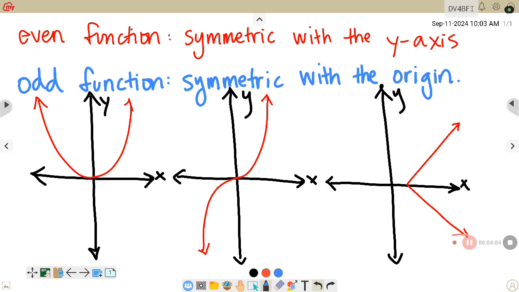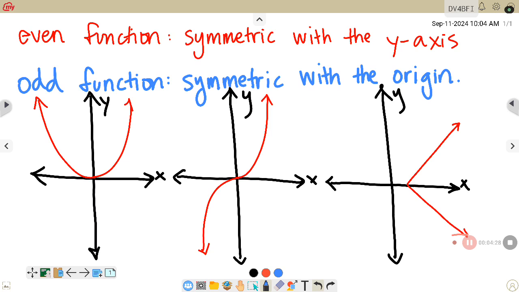Odd functions are the graphs that are symmetric with the origin. So just like the last pictures that we were looking at, if you can fold one half of the graph across the x-axis and then again across the y-axis, it will land on the other part of the graph.